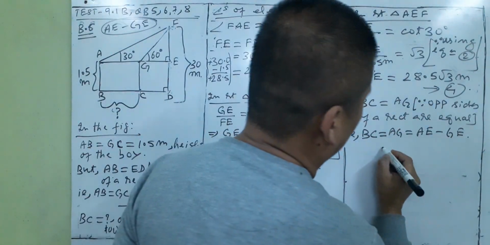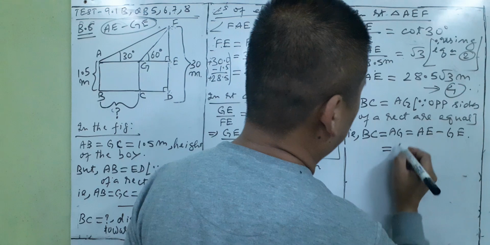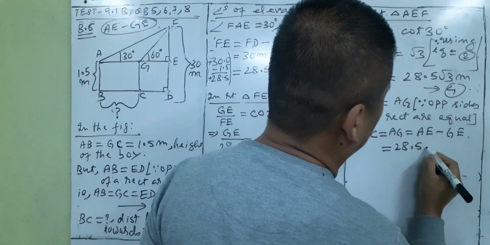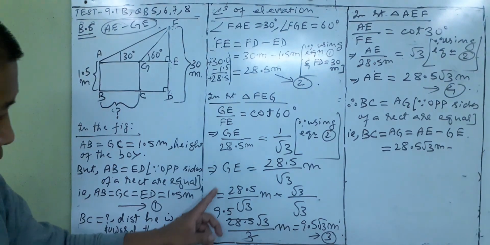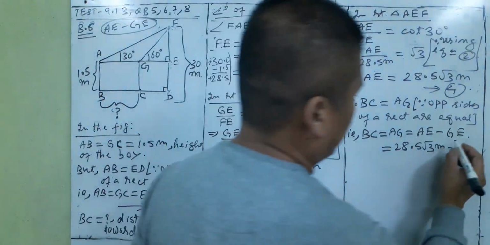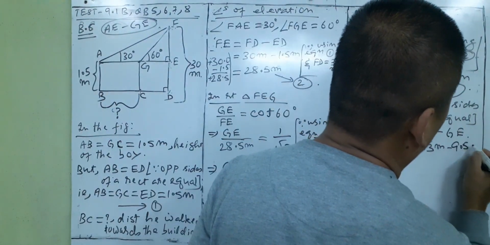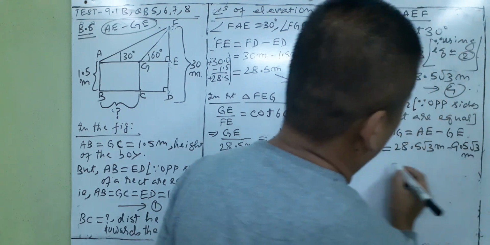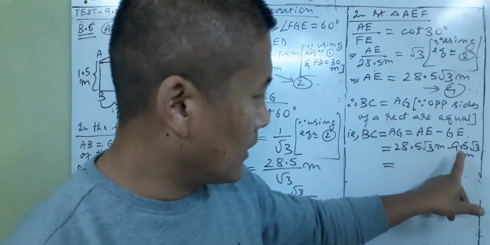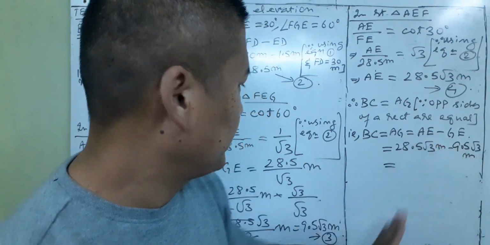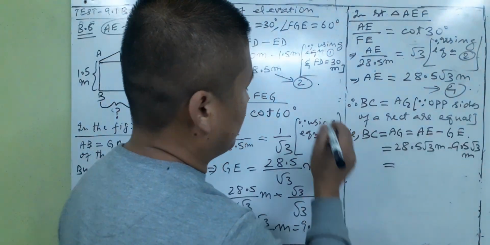Okay, so you write here that is equal to AE, which is 28.5 root 3 meter, minus GE here, 9.5 root 3 meter. Then you do this one here. 28.5 minus 9.5 root 3 means you subtract 28.5 minus 9.5.